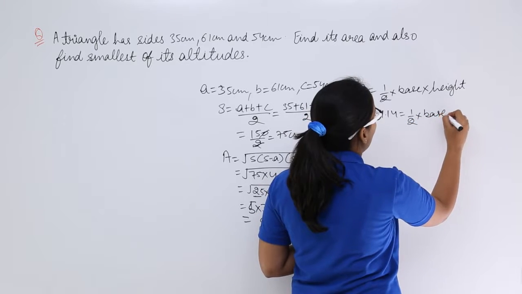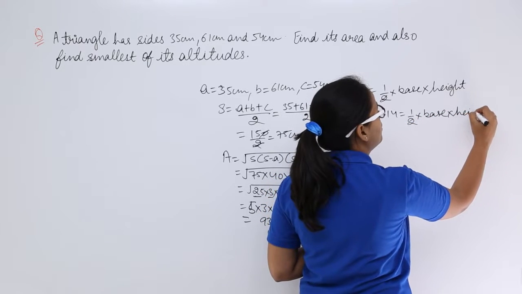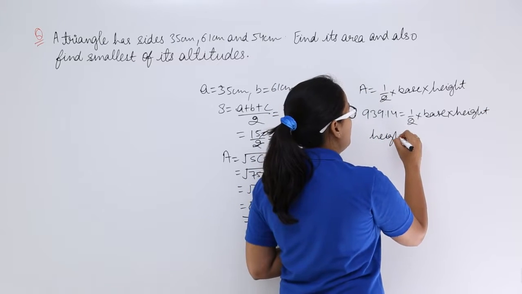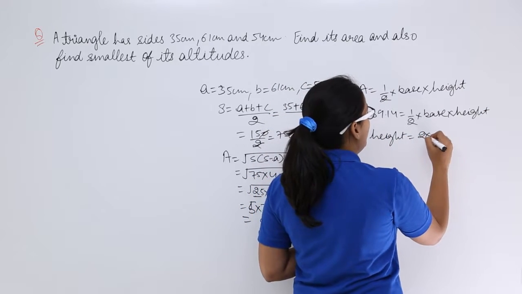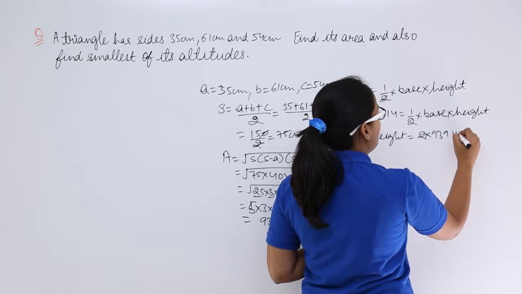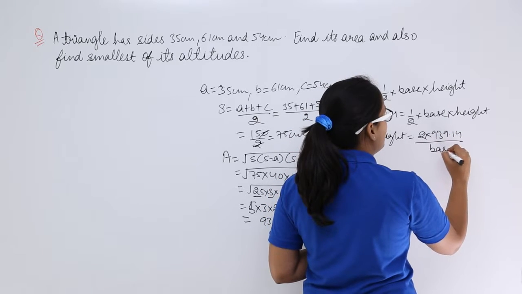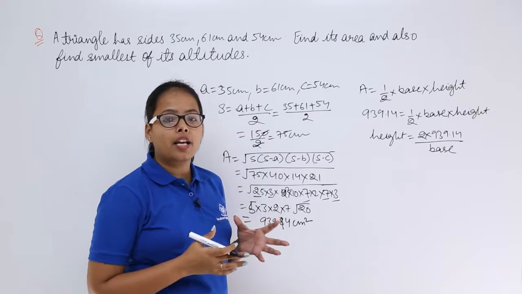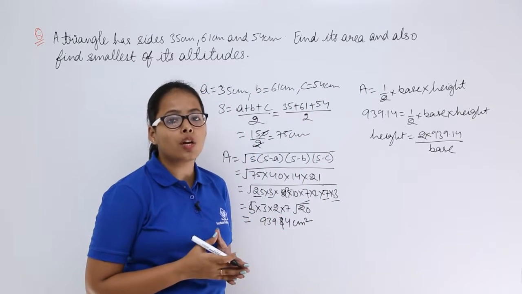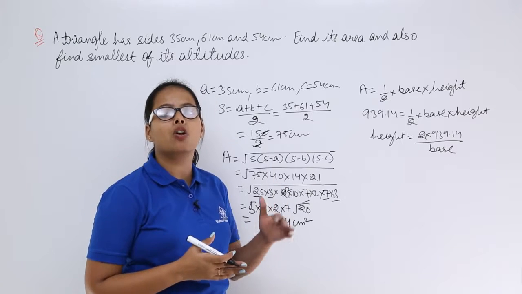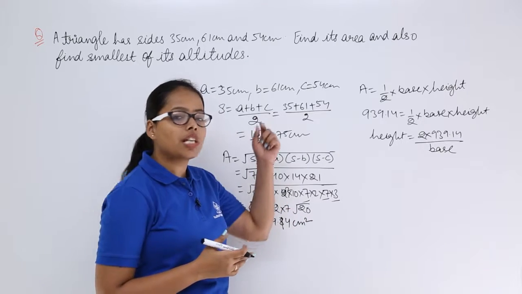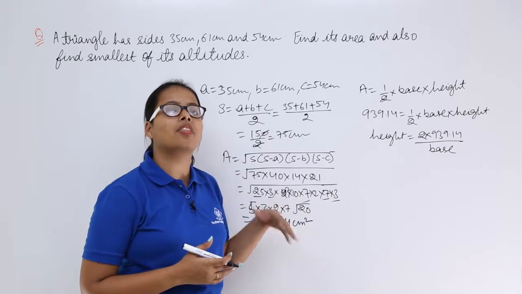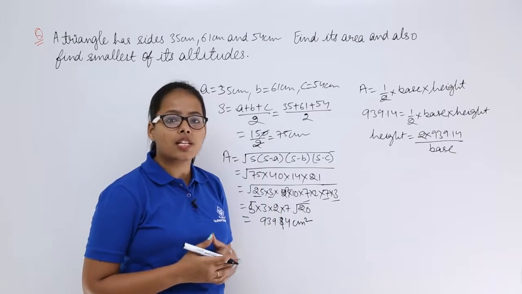Base can be anything depending on altitude. So the formula for height will be 2 into 939.14 divided by base. Now you know that in a triangle, there are three sides, so there are going to be three altitudes depending on all these three sides, because there will be one altitude on one side, another altitude on the second side and then another altitude on the third side.